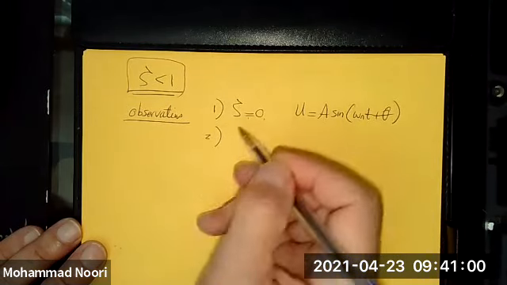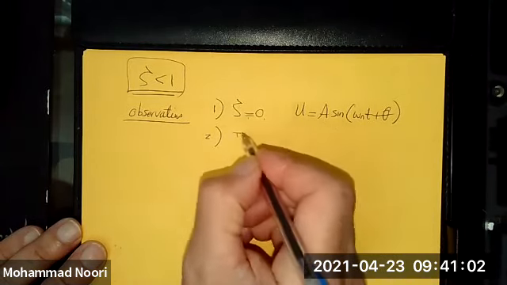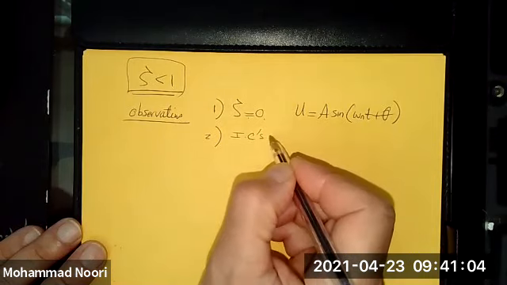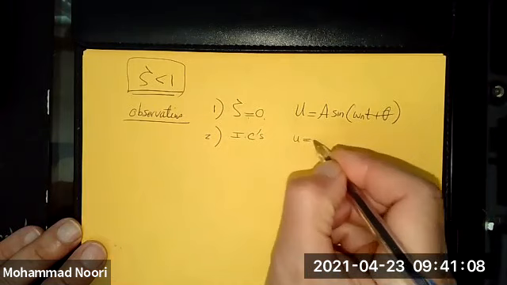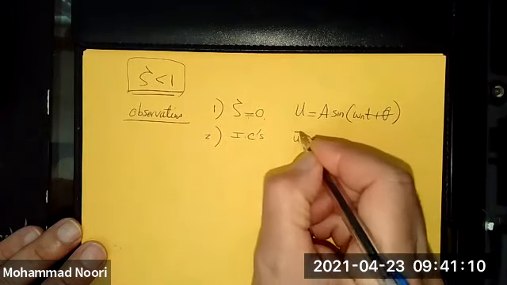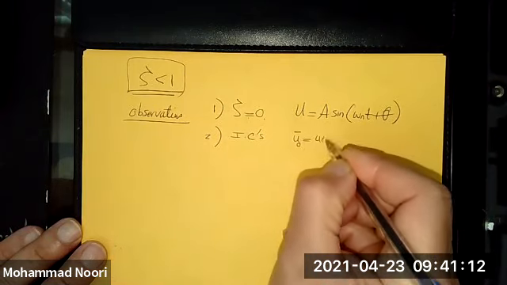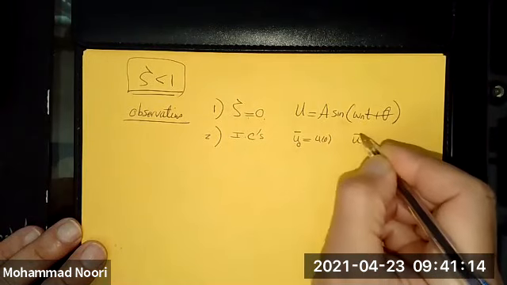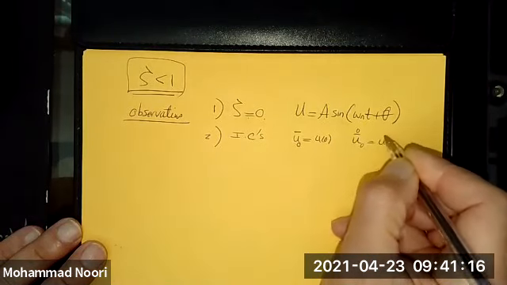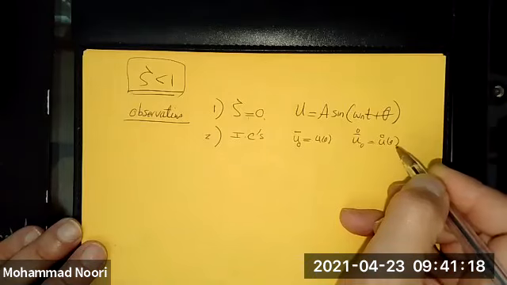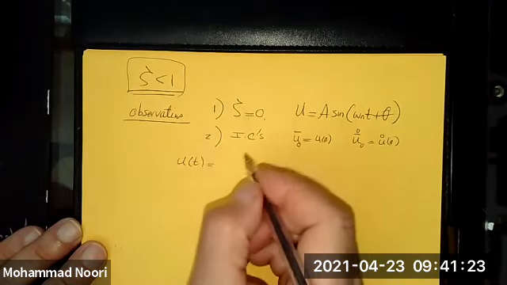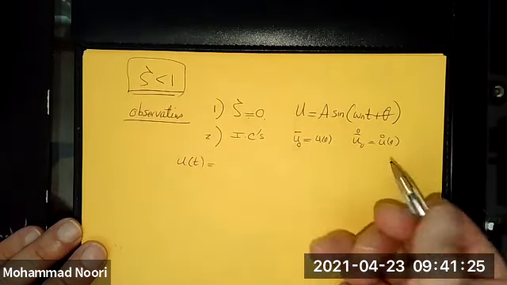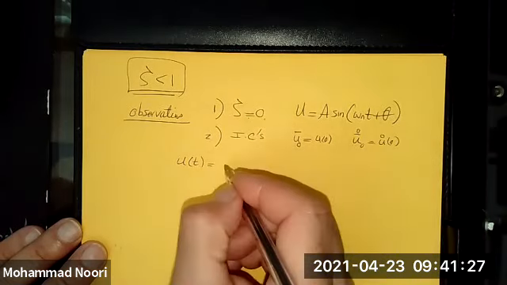If we have the initial conditions, u at time equal to 0 and u dot, the velocity at time equal to 0, and we substitute these values, we saw that we derived that equation for u of t.